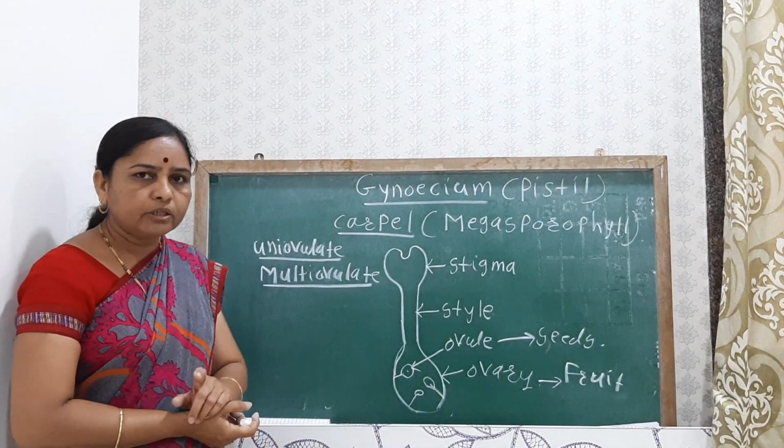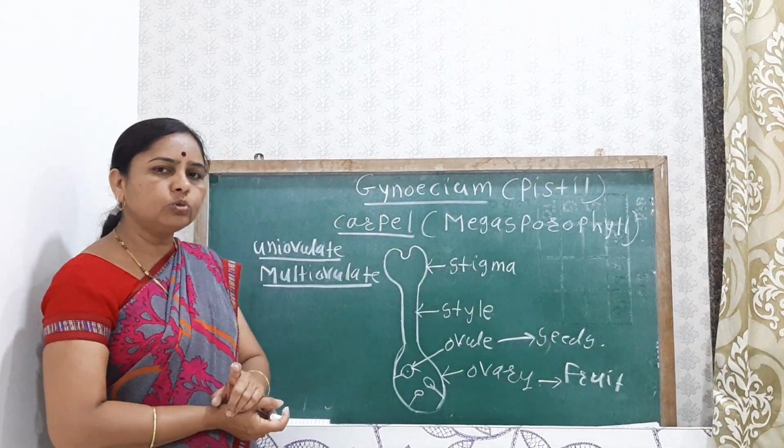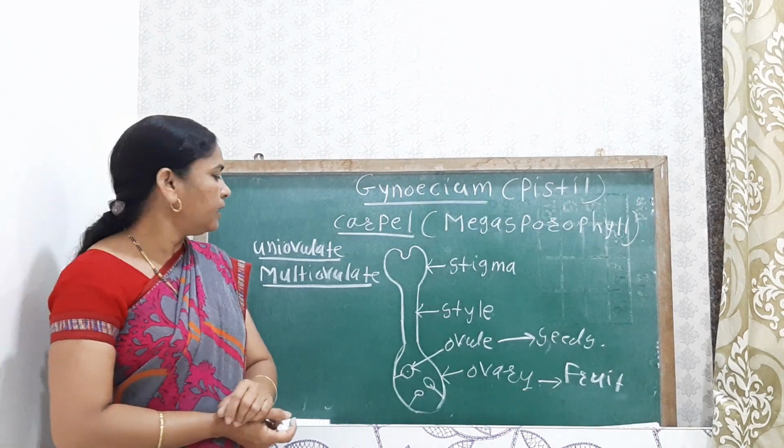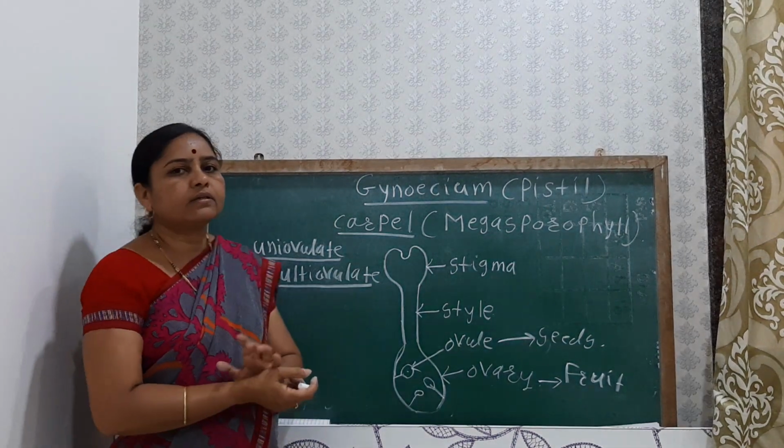If a single ovule is present, it is uniovulate, while if there are many ovules, it is multi-ovulate.